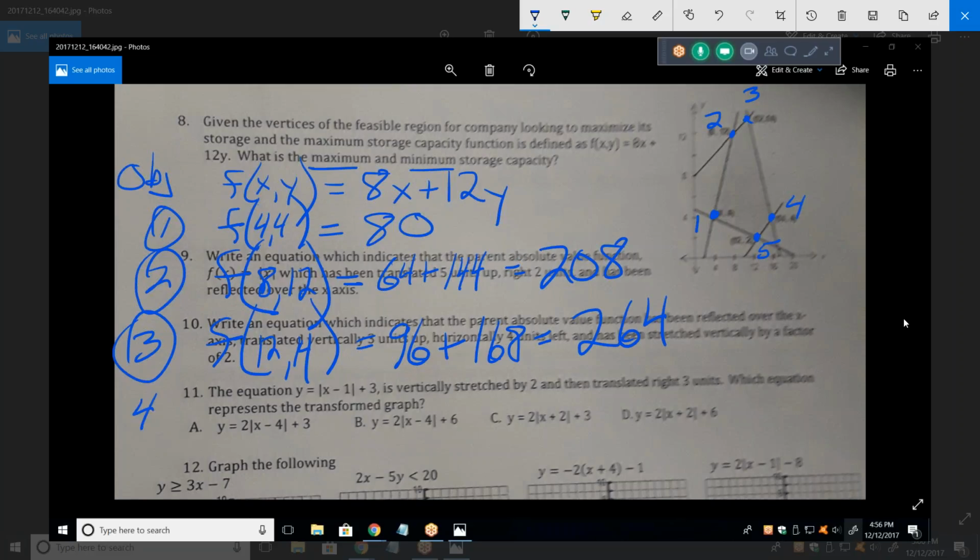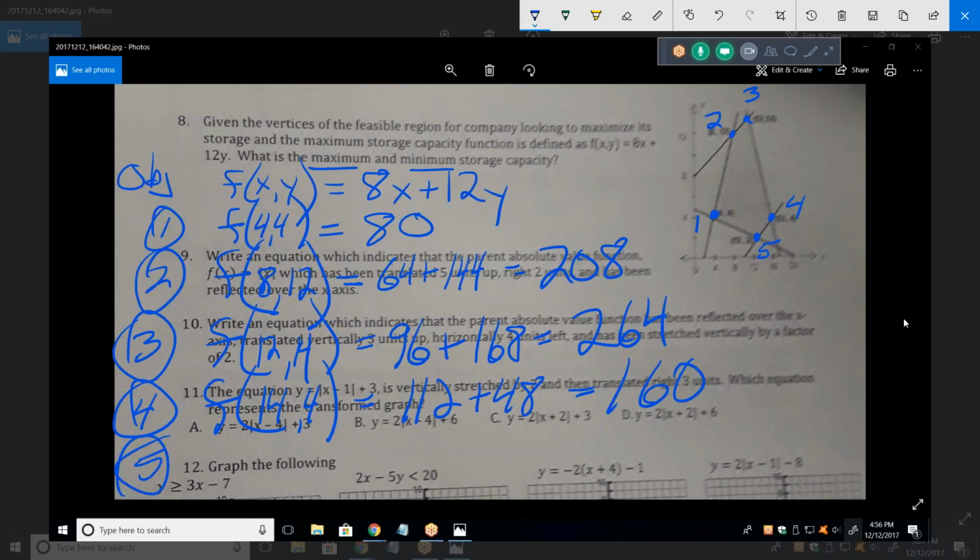Point 4. F of what? 14 and 4. 14 times 8, 112. Plus 4 times 12 is 48. That's 160. Point 5.